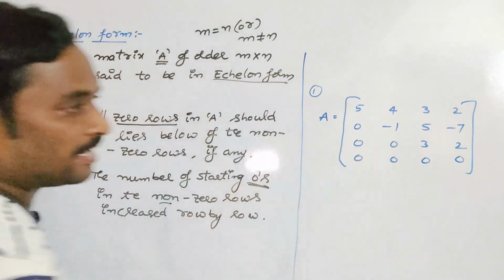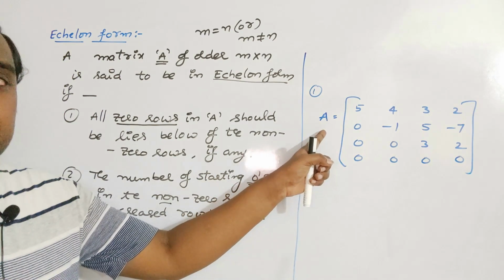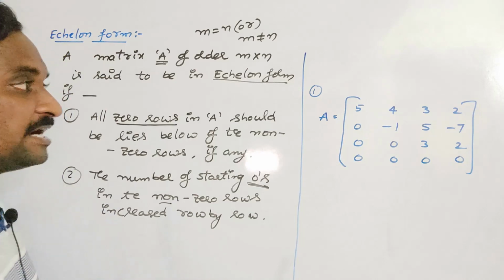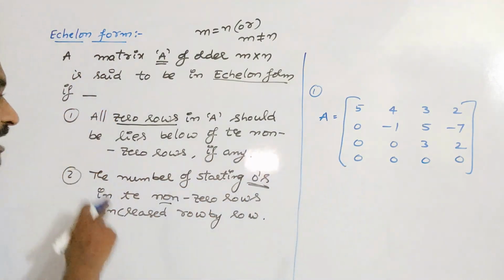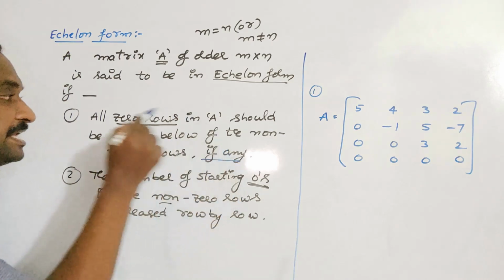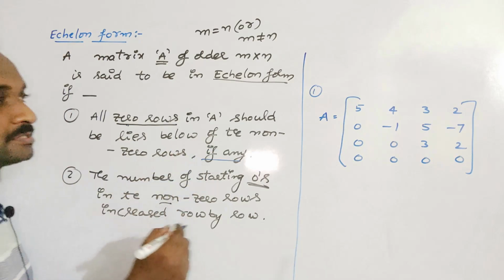You can consider this matrix. Now we are going to check whether this matrix A is in echelon form or not. For that purpose, you should verify whether this matrix satisfies both conditions. What is the first condition? If there is any zero row, that zero row should be below the non-zero rows.